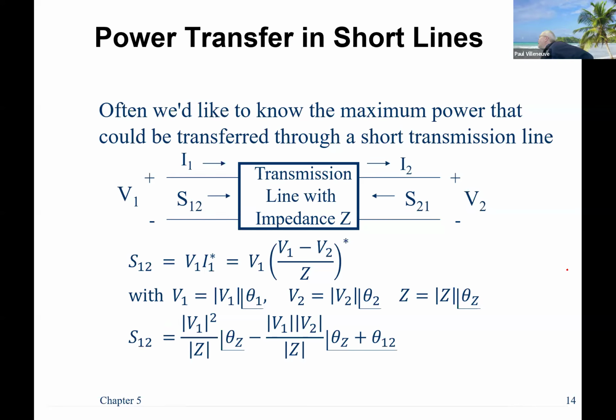So we get our current by getting the voltage drop, and then we get our power from bus 1 to 2 by multiplying by the voltage at bus 1. And then we do a little bit of modification, and what we see is S1 to 2 is magnitude V1 squared divided by magnitude of Z, angle theta Z, minus V1 V2 over the magnitude of Z, angle theta Z plus theta 1, 2.